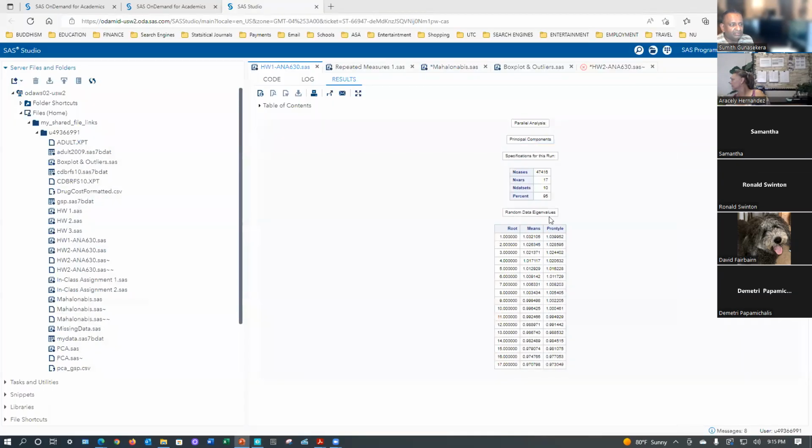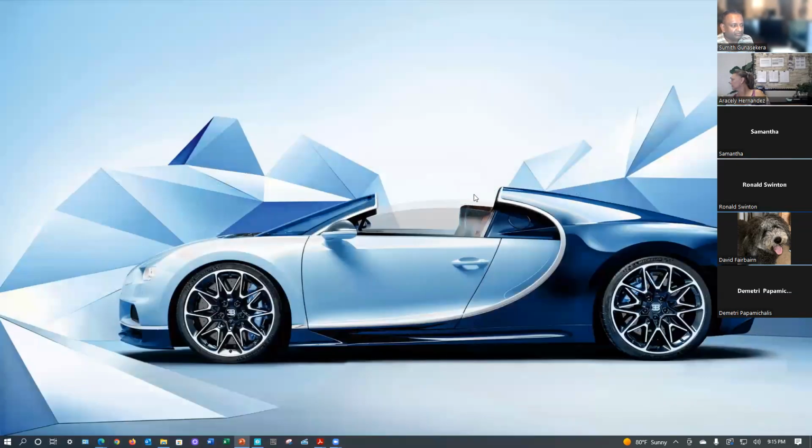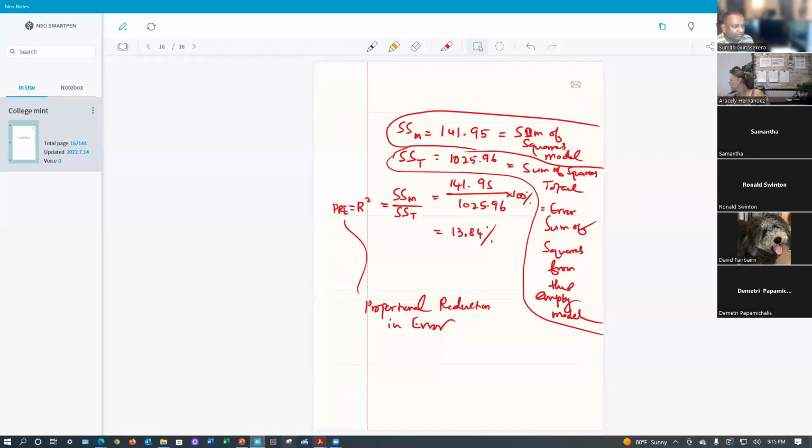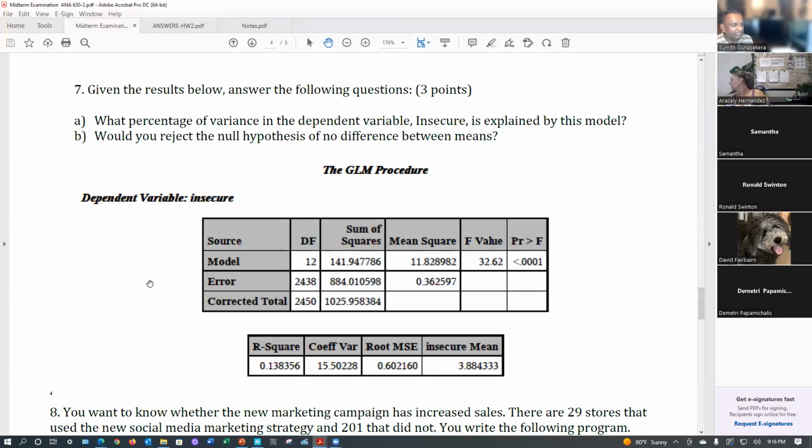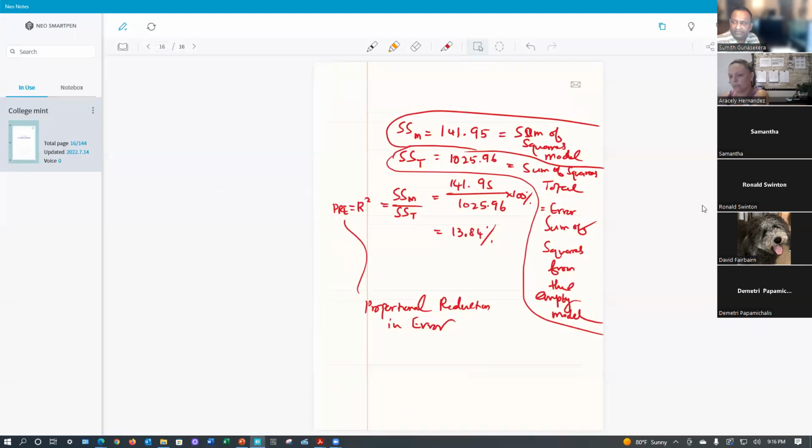Anyhow, let's go to what percentage is nothing but 13.84. Would you reject the null hypothesis of no difference between the means? See, no difference between the means. That means the null hypothesis would be what? No difference between the means. Yes or no?